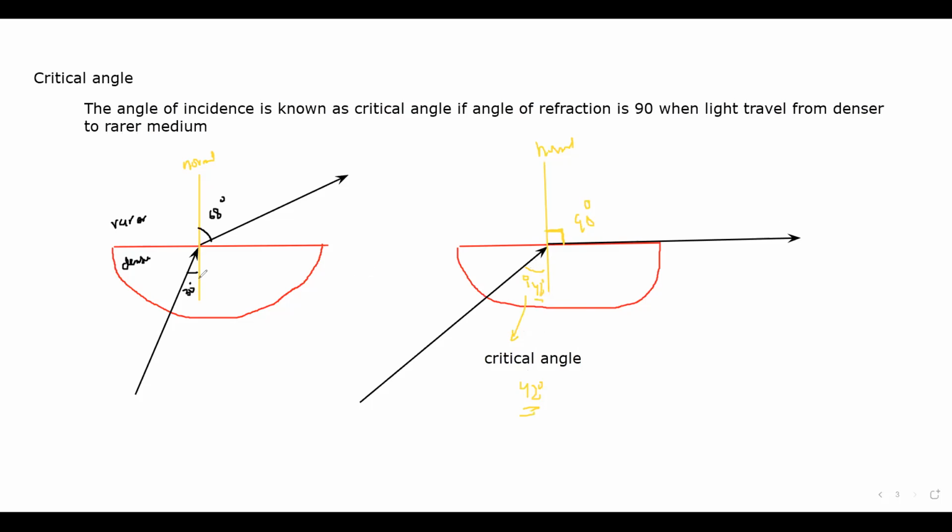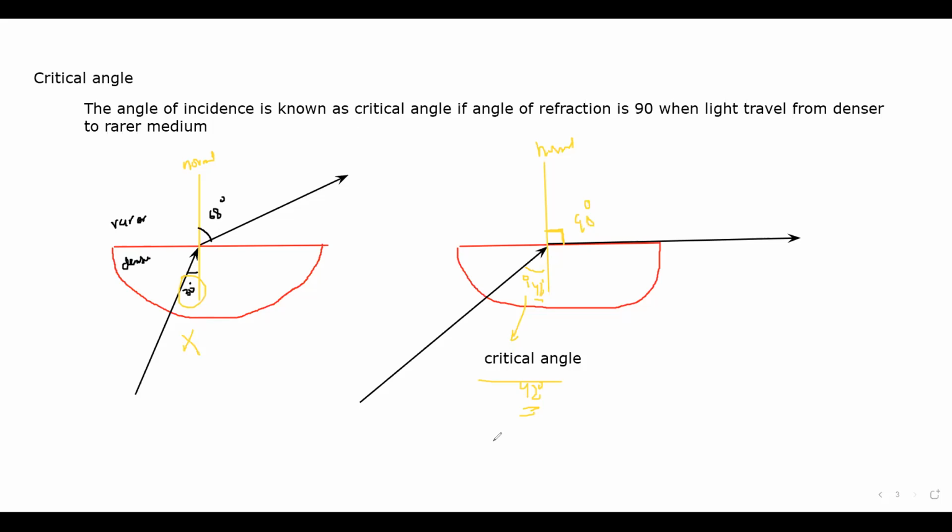But in the first example, the angle of incidence is 30 and the angle of refraction is 68. So this is the angle of incidence, but we don't say it is the critical angle. The term critical angle is used when the angle of refraction is 90. Is it clear?